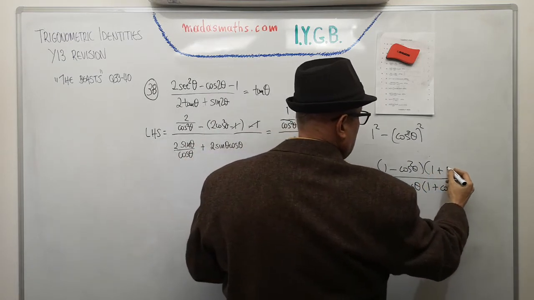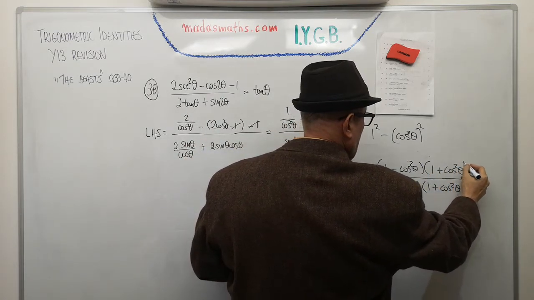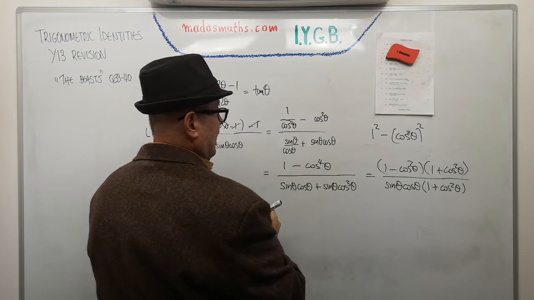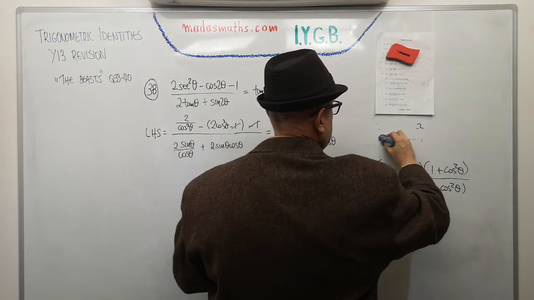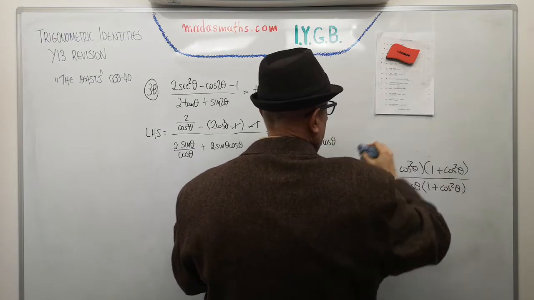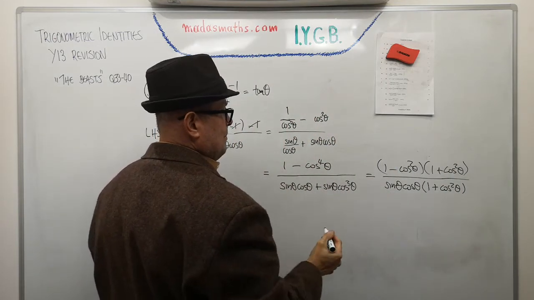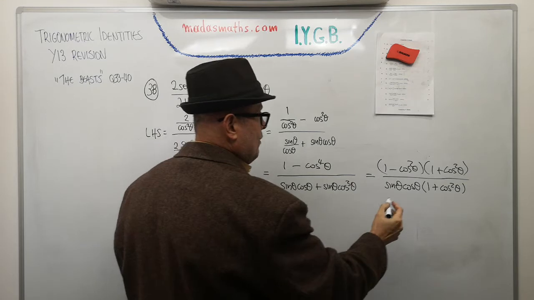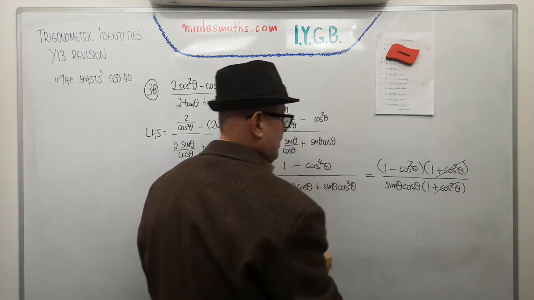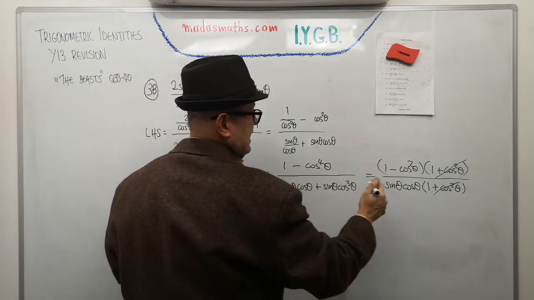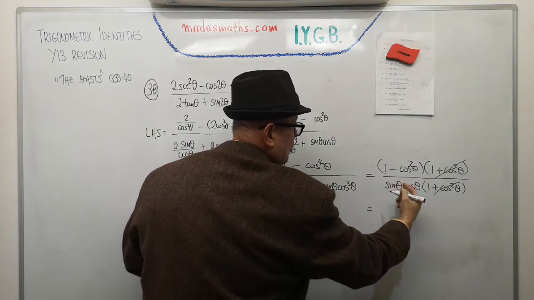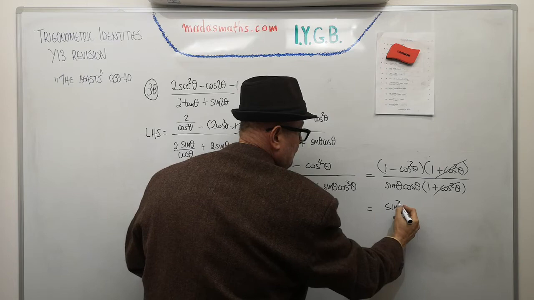So that's 1 plus cos squared theta. I did warn you today, these are the hardest identities that I could possibly find. Well, I have some a little bit harder than that, but they're very, very lengthy. So this now is what I'm getting. Target is a tan. It's there because, of course, 1 minus cos squared is a sine squared.